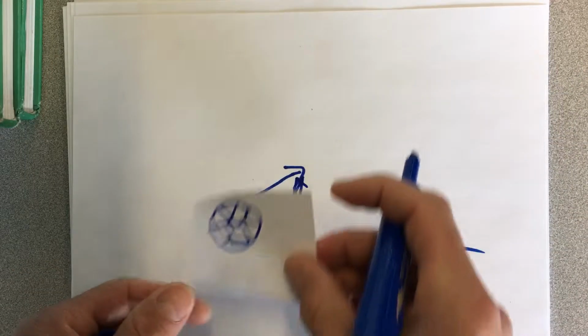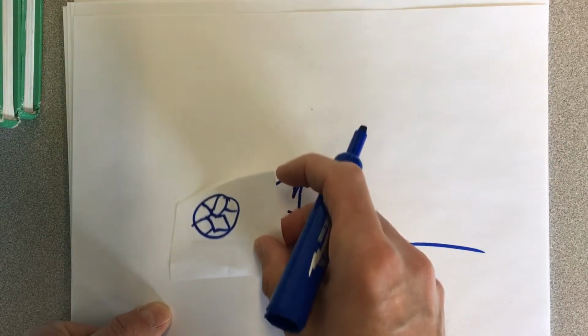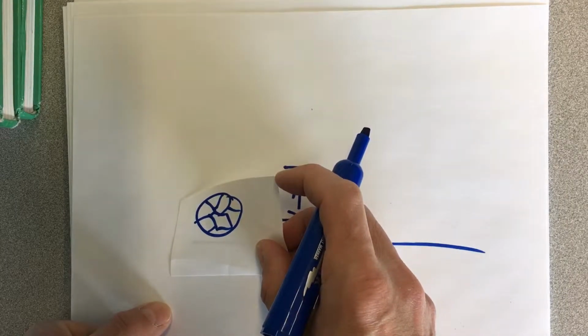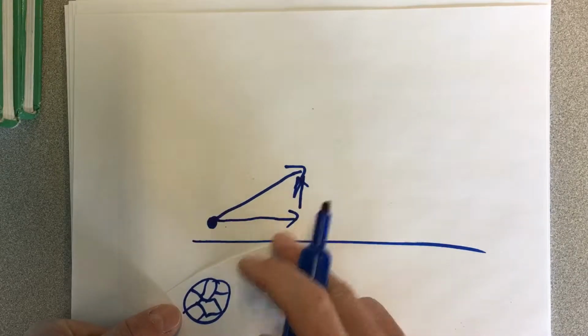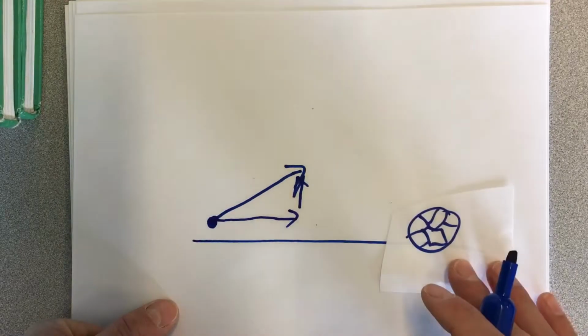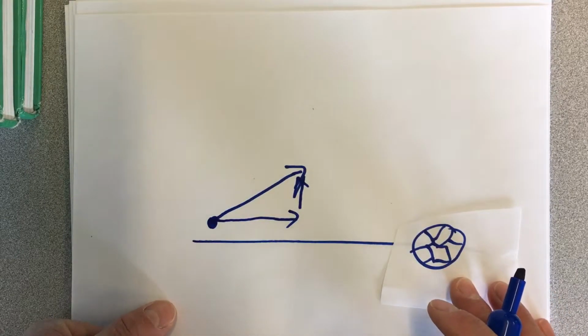We're going to use the vertical component of its velocity to determine how long it stays in the air. Once we know how long it's flying for, we'll multiply that by the horizontal component of its velocity and determine the distance that it travels whilst being in the air. Then we'll know exactly how far it's gone.